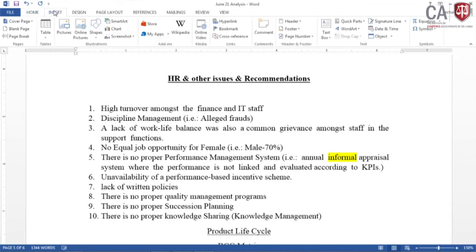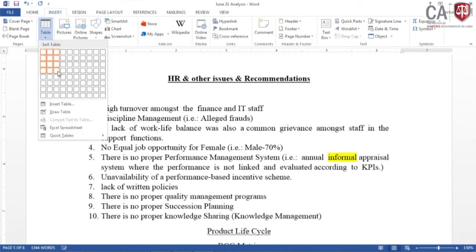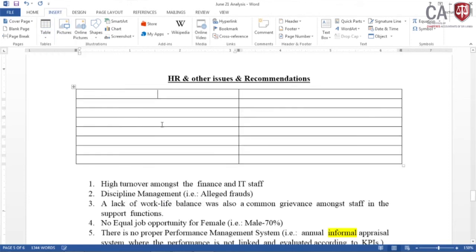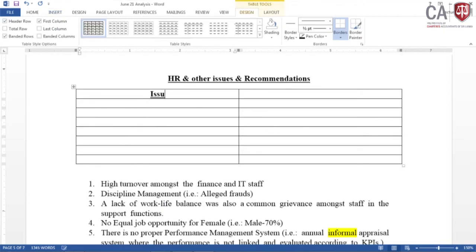We may develop a table actually. See issue, then recommendations.